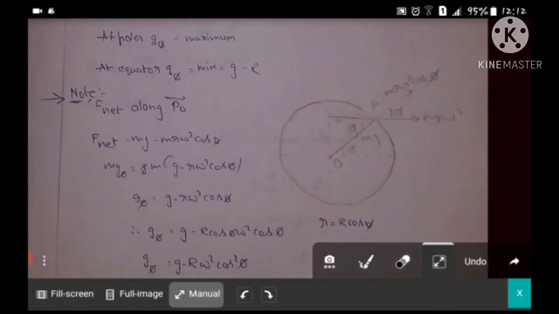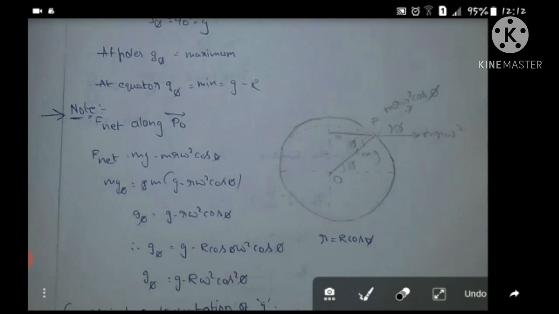Note f net along PO bar. Here f net along PO bar is equal to mg minus m r omega square cos phi, as the two forces act opposite to each other in the same line. Therefore f net is equal to m g phi.